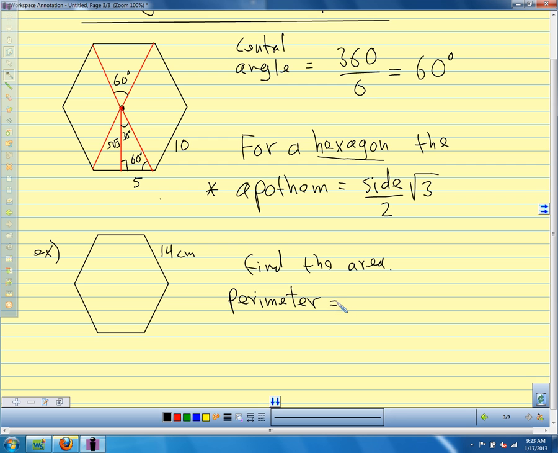How are we going to find the perimeter? 14 times 6. We know one side is 14. We have 6 sides. And 14 times 6 is 84. So our perimeter is 84 centimeters.